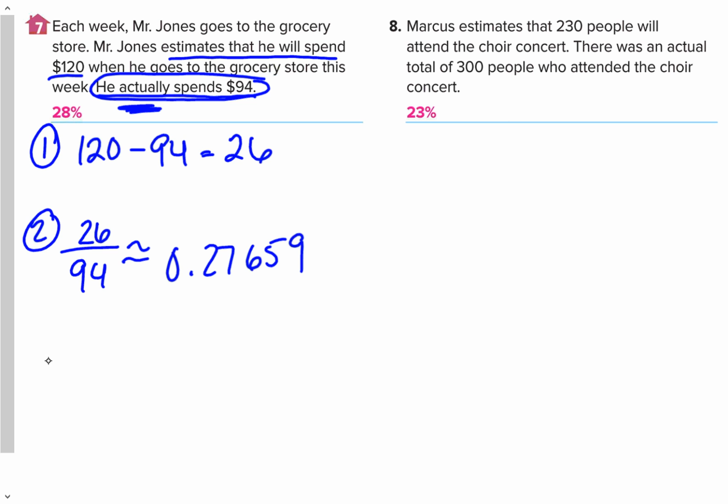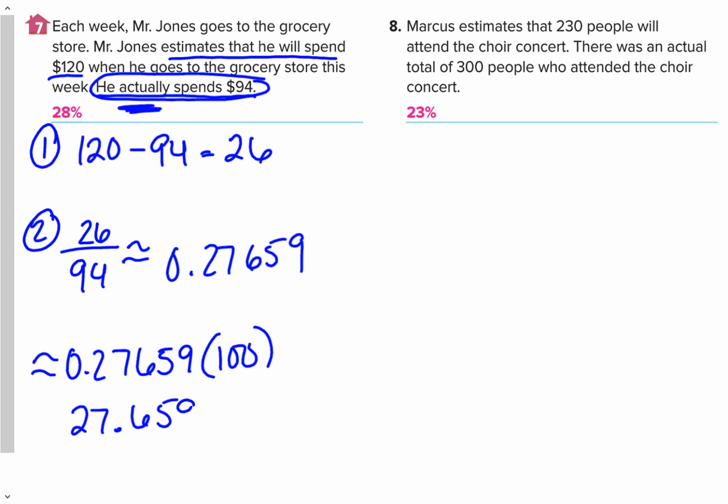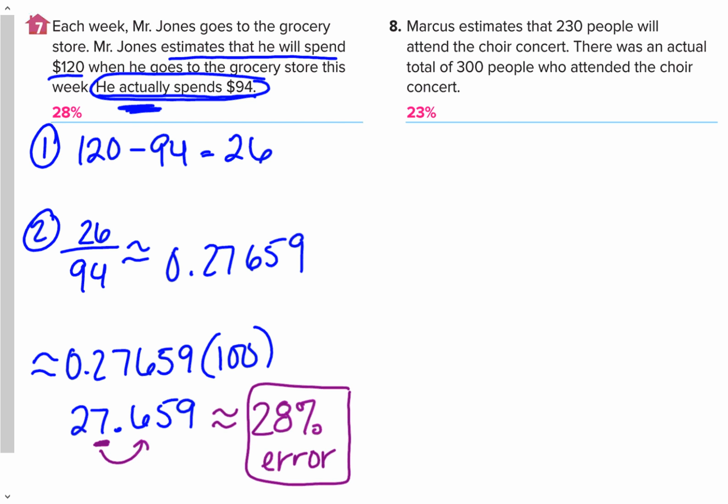It goes on a lot further, but we're going to have to multiply that times 100, and that equals 27.659-ish. So again, we have to round to the whole number. So does the 6 make the 7 go up or stay the same? So that's just about 28% error. All right, so he's off by a bit.